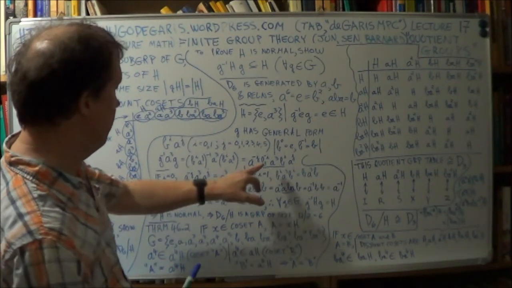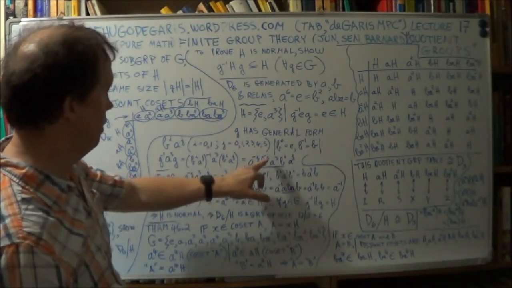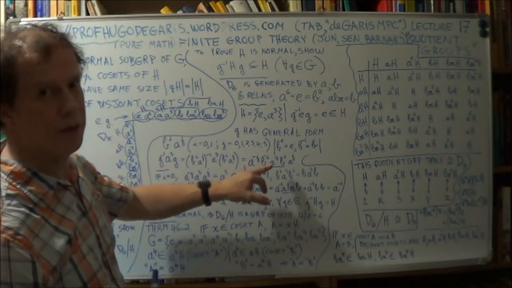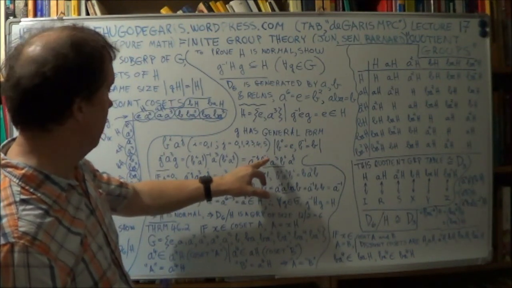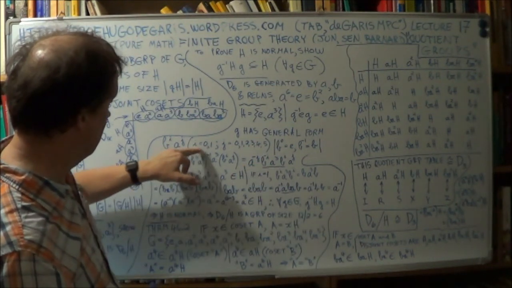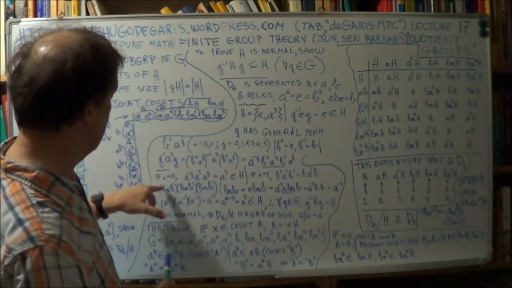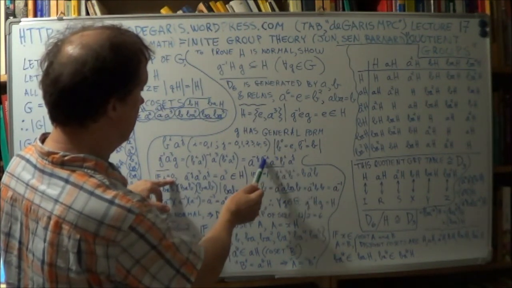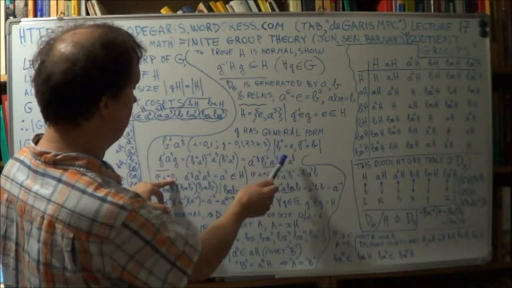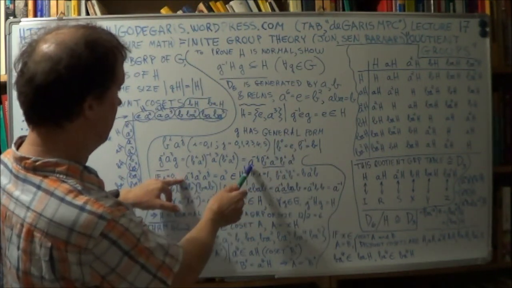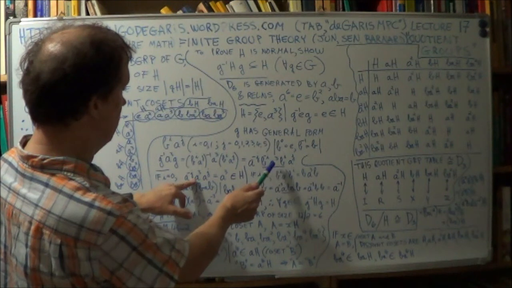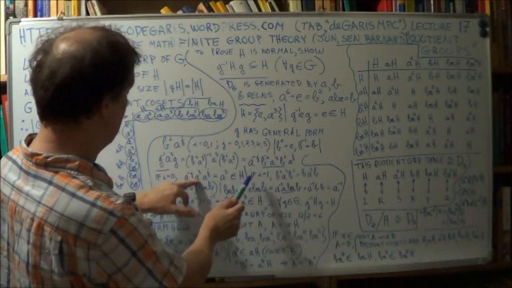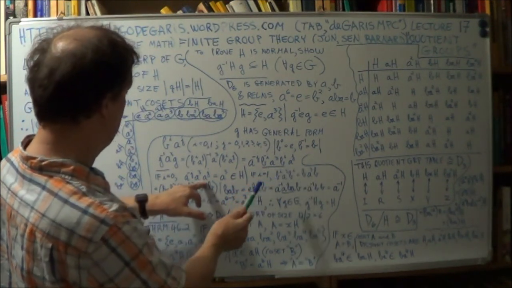Okay. Now if i is 0, now you see you have two possibilities. i can be 0 or 1. So let's do the two cases. Now if i is 0, these both become e, so they disappear. So you're left with a to the minus j, a cubed, a to the j.